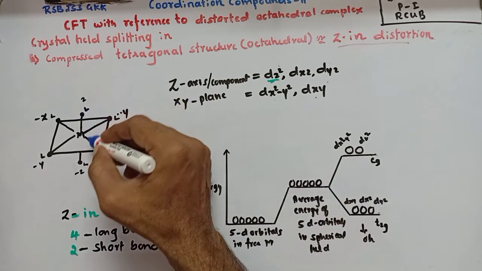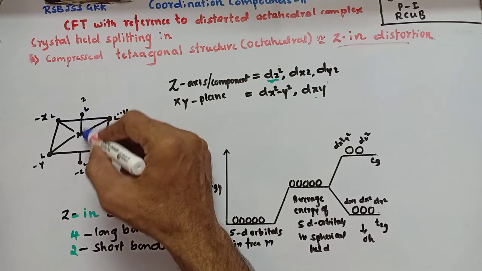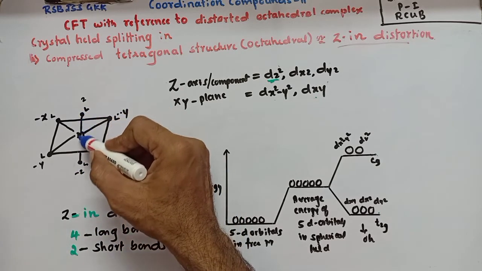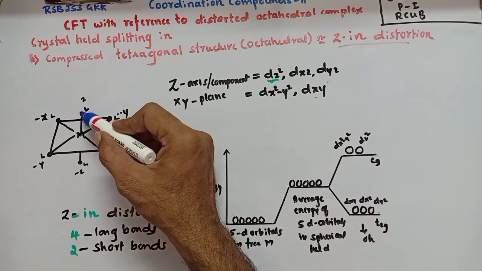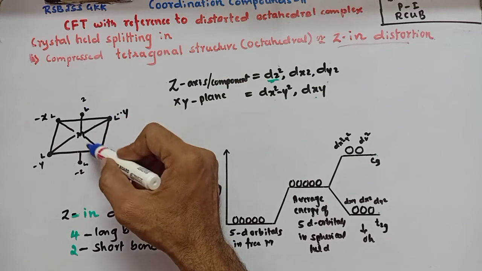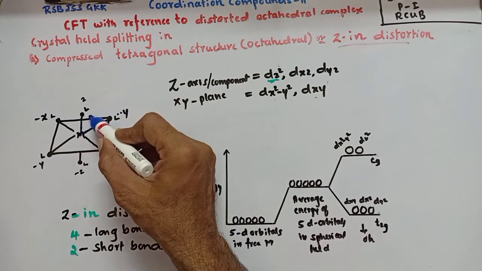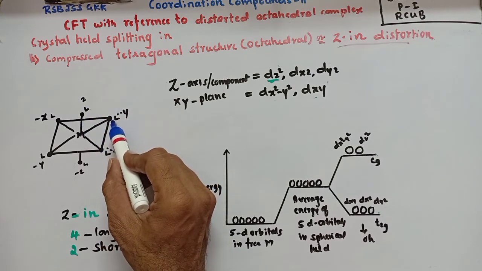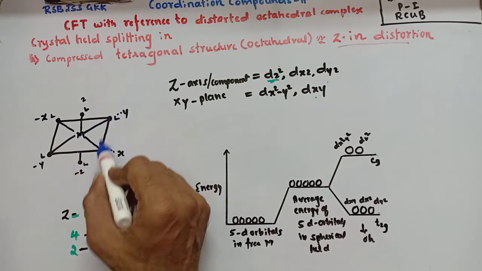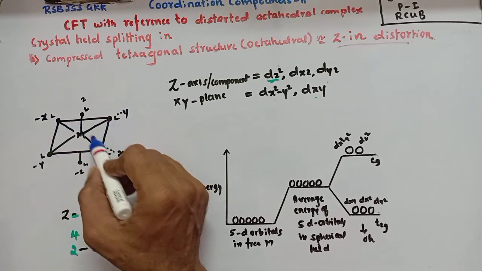The two trans ligands which are located along the Z-axis will come nearer to the central metal ion. That means the distance between the Z-axis ligands and the central metal ion is less when compared to the distance between the central metal ion and the ligands which are present in the xy plane.